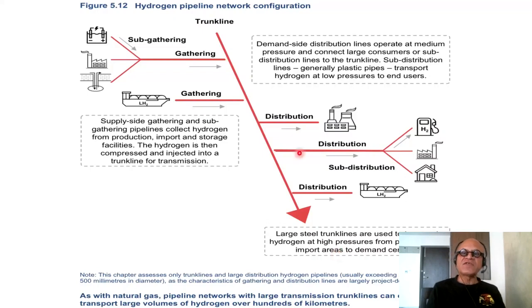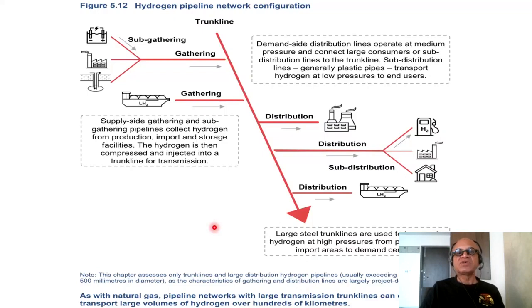There are still a lot of technological challenges to be met here. Demand side distribution lines operate at medium pressure and connect large consumers or sub-distribution lines to the trunk line. Main message: as with natural gas, pipeline networks with large transmission trunk lines can efficiently transport large volumes of hydrogen over hundreds of kilometers. So this has to work out in terms of where it will be produced.